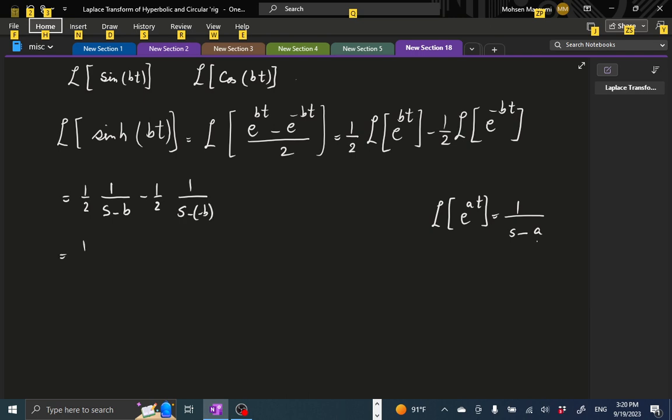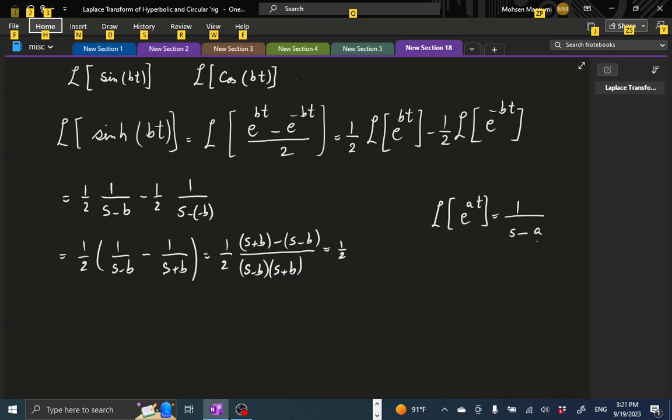So I can factor out the 1/2, and I'll have 1 over s minus b minus 1 over s plus b. This is good, but perhaps we can clean it up by taking a common denominator, the product of these two, s minus b times s plus b. Cross product, so 1 times s plus b, and then minus 1 times s minus b.